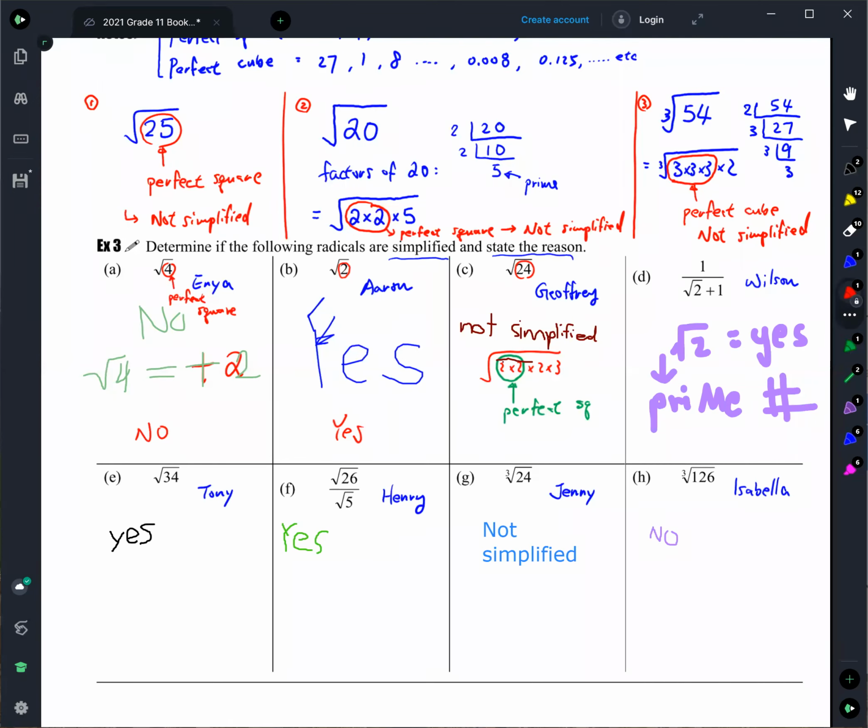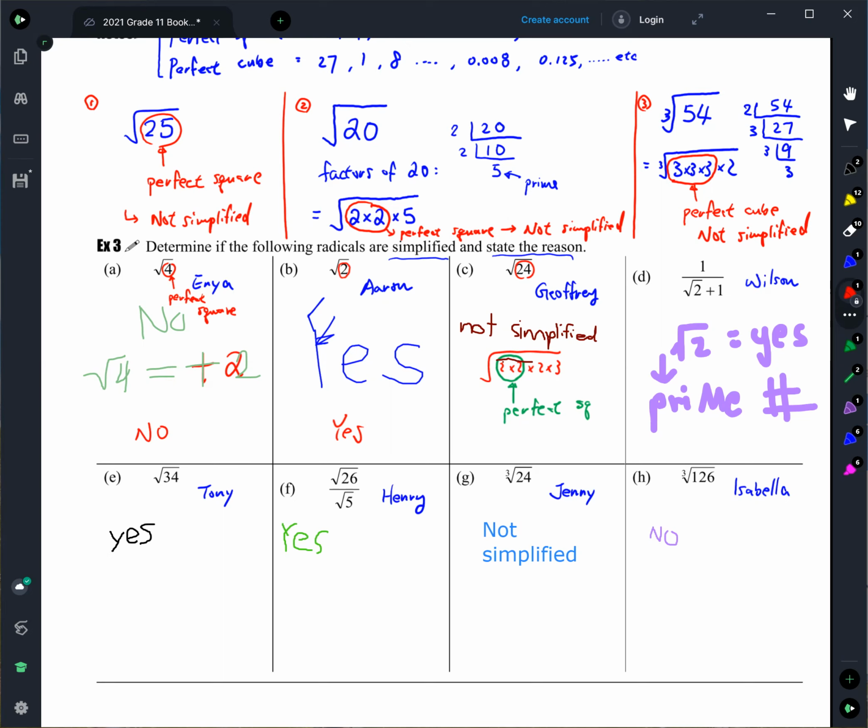Now for question D, for Wilson, if you look at the whole thing, do you see square roots? Question D, Wilson, do you see a square root? There's a square root, right? Is that square root in the numerator or denominator? Denominator.